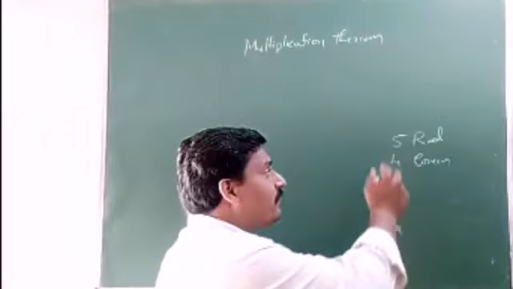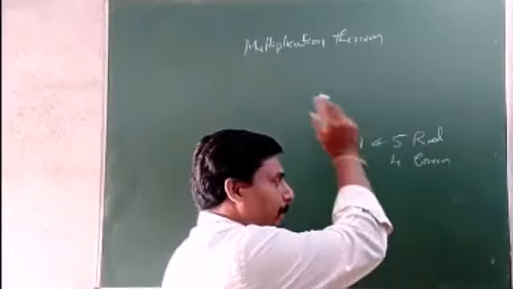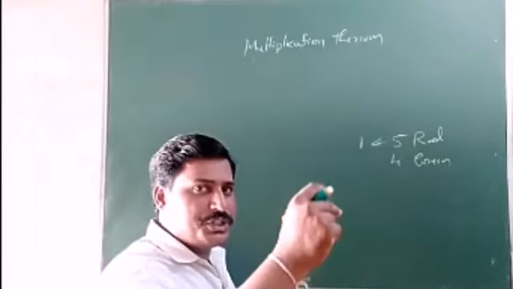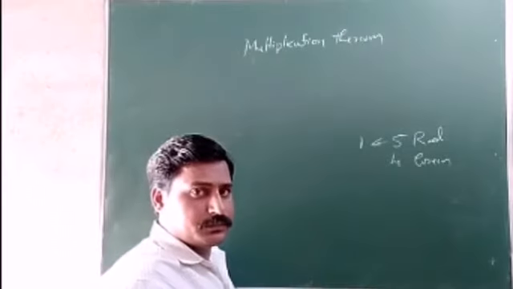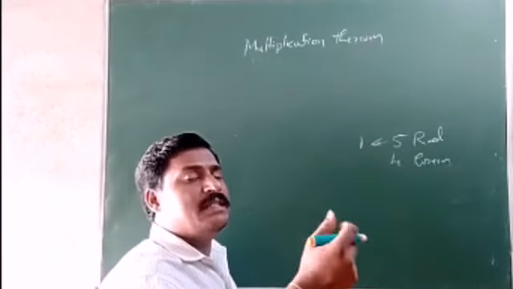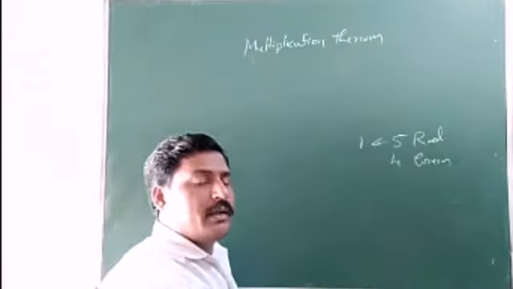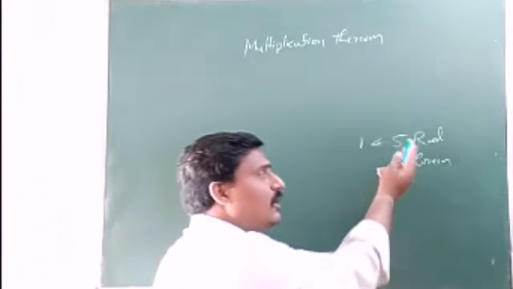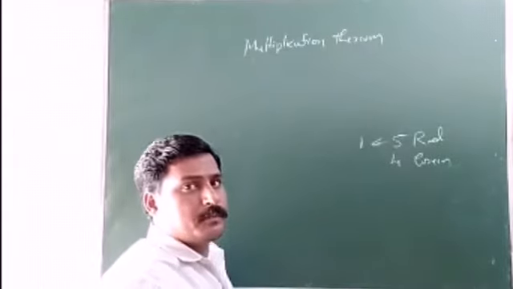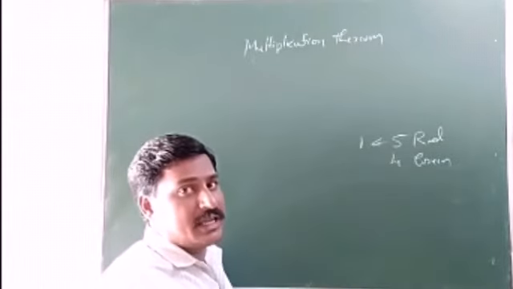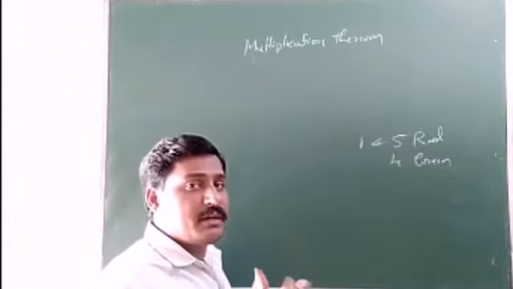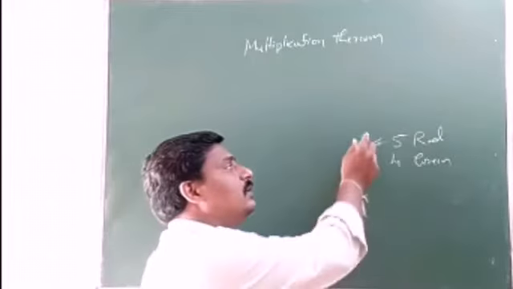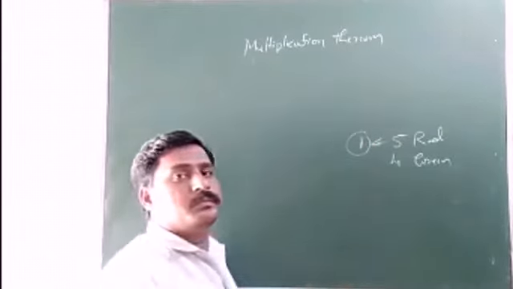If the first ball drawn is red, and without replacing it back we pick another ball, that may be red or may be green, we don't know. But the probability of the second ball is dependent on the first ball.